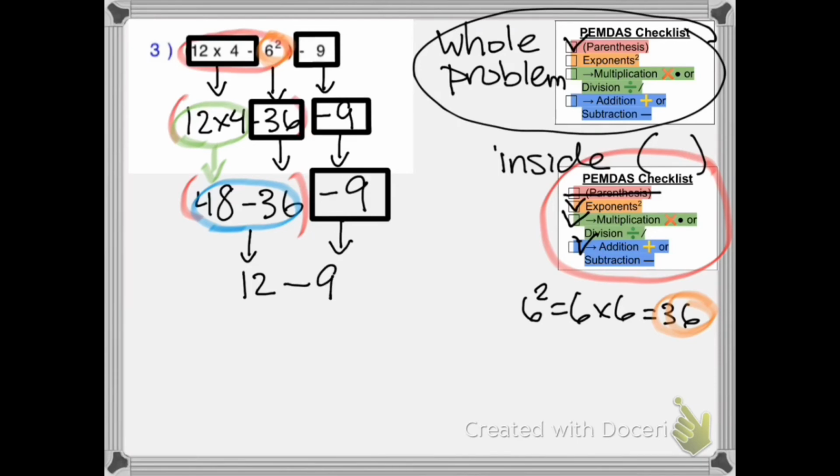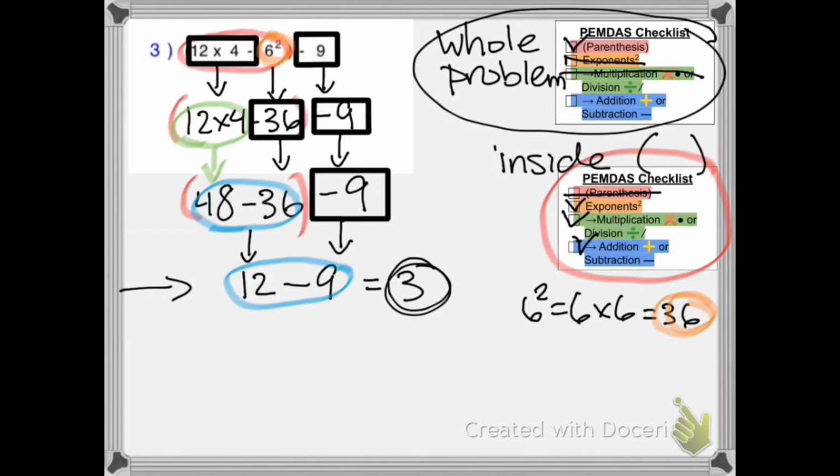I'm going to bring this down. And now that I'm at this stage and I'm looking at my whole problem, there's no more exponents, there's no multiplication or division, but we do have addition or subtraction because I have subtraction right here. So 12 minus 9 is 3.